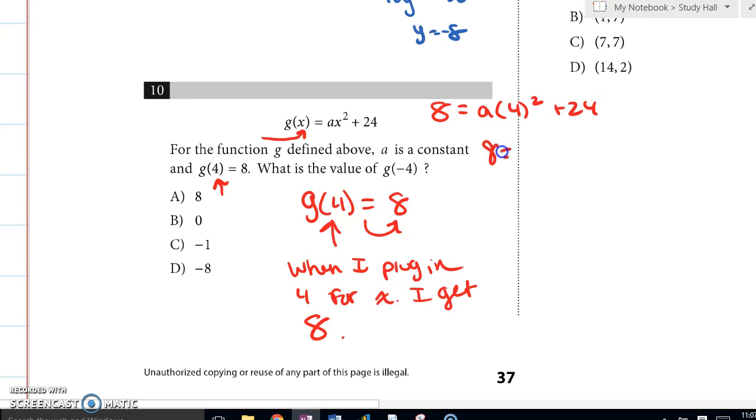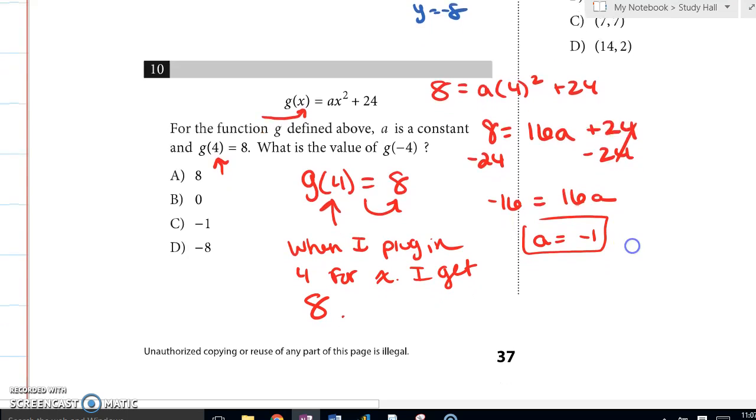Now the only variable that I have left is a. So we get 8 equals 16a plus 24. We're going to subtract 24 on both sides, and you get negative 16 equals 16a. Therefore, a is negative 1.